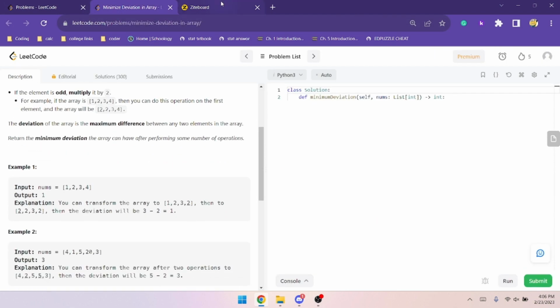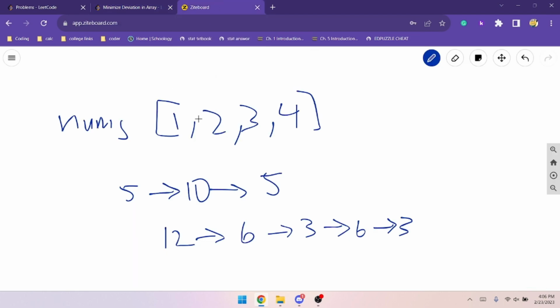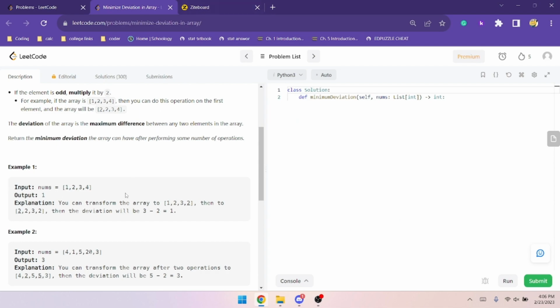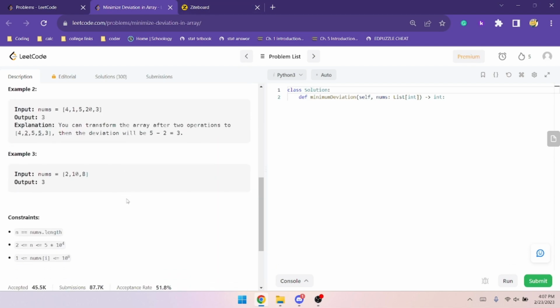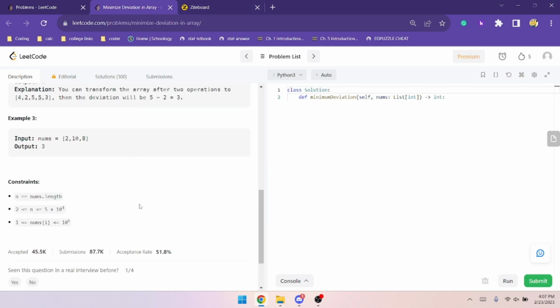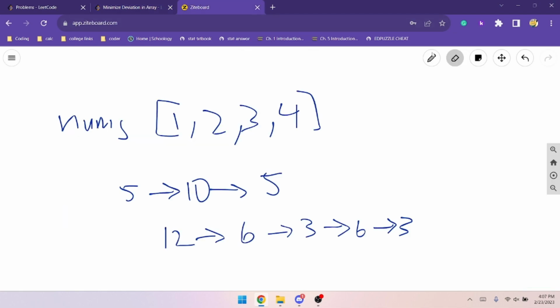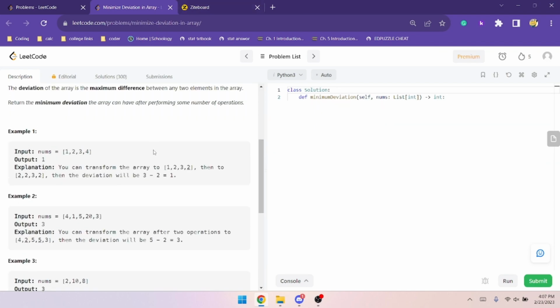So pretty much I can convert my nums into every single possible number it can be, right? I still think greedy is the best solution for this, though. So you would just look at which one decreases the deviation by the most.